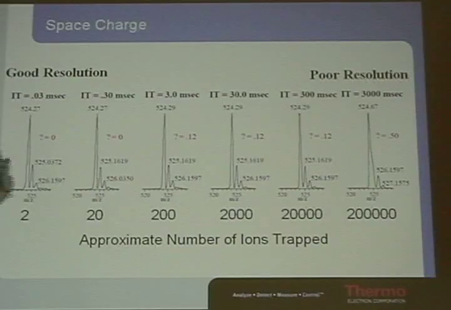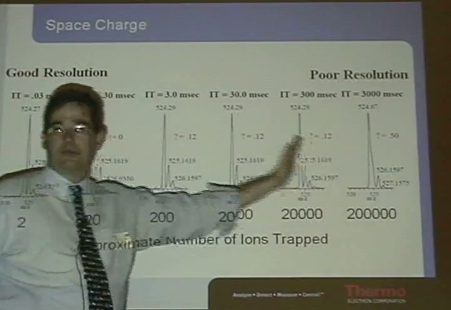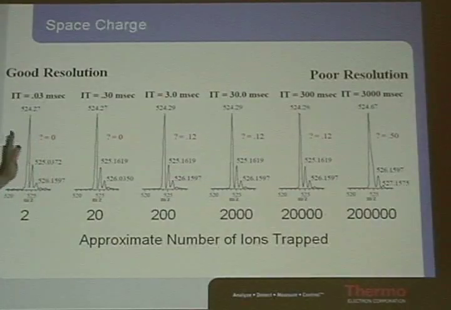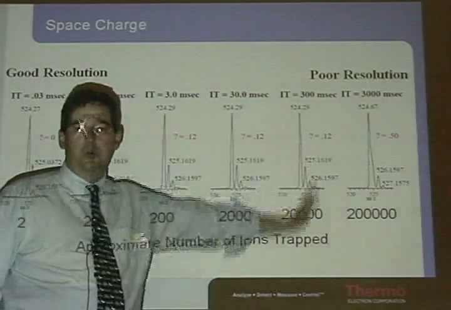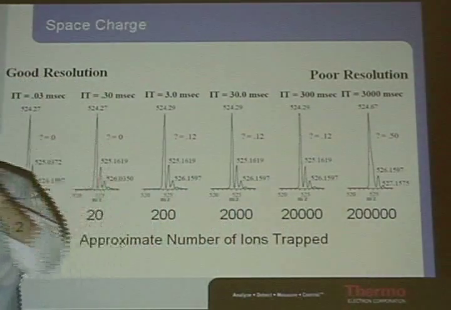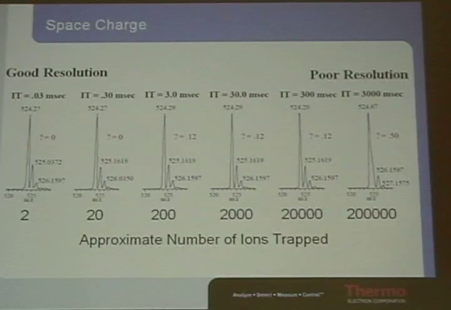So, which spectra is acceptable? Anything up to 20,000. We actually go as high as 30,000. Above 30,000 ions, we see noticeable shifts in mass, hence loss of resolution. Okay.